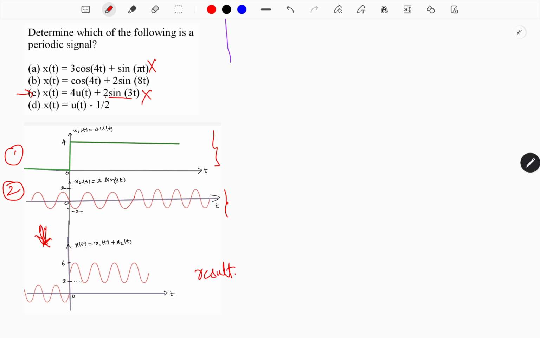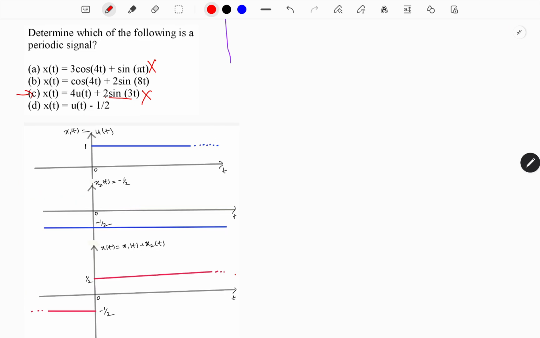In a similar way, we will see option D. In option D, the first signal is the unit step function, and the second signal is a negative DC, minus 1 by 2. By adding these two, we get this resulting signal.